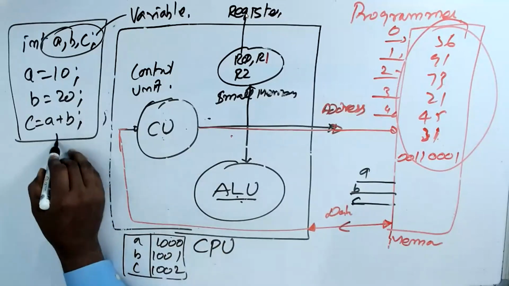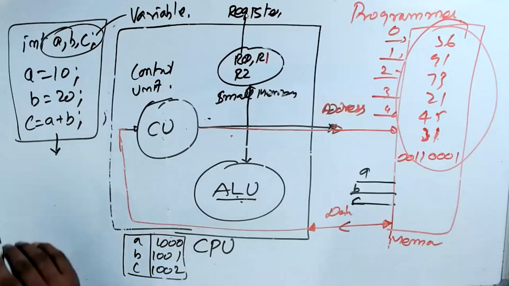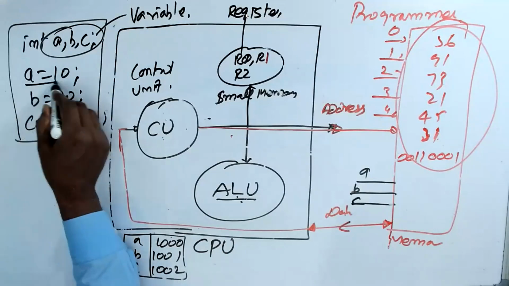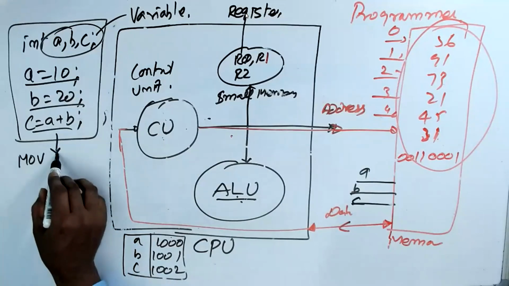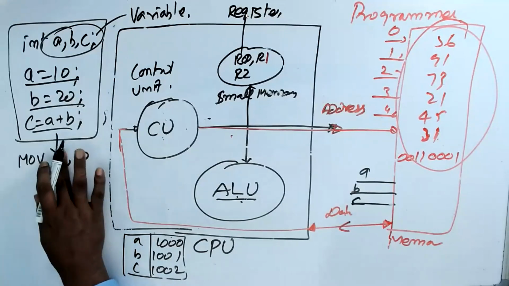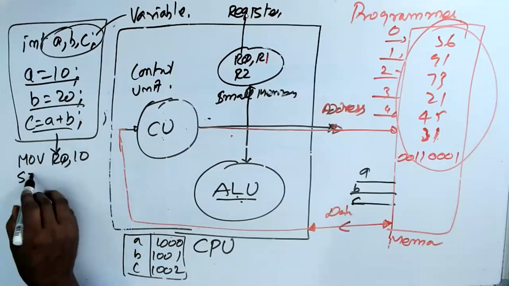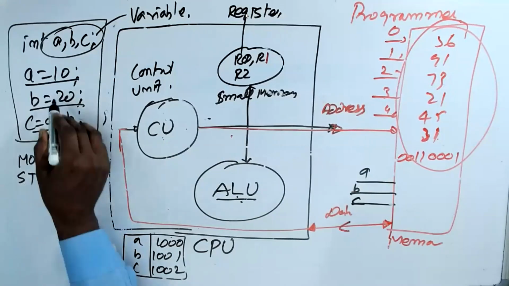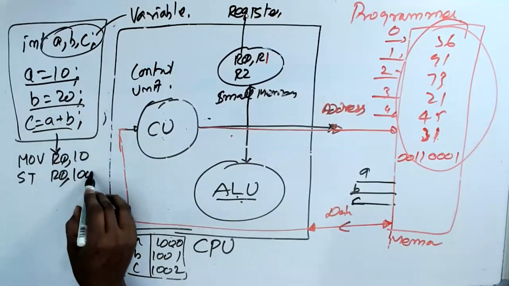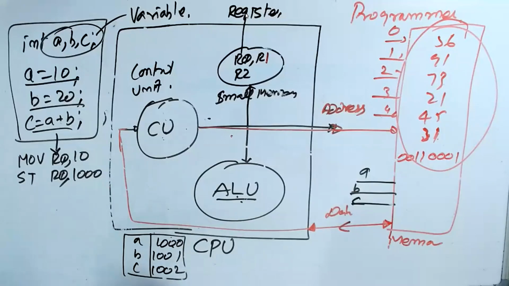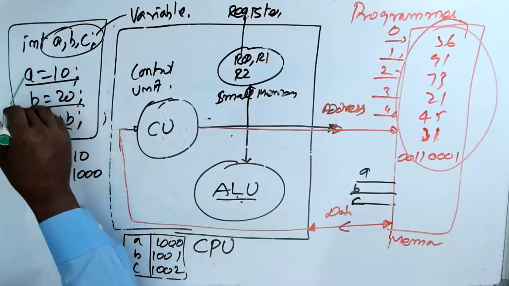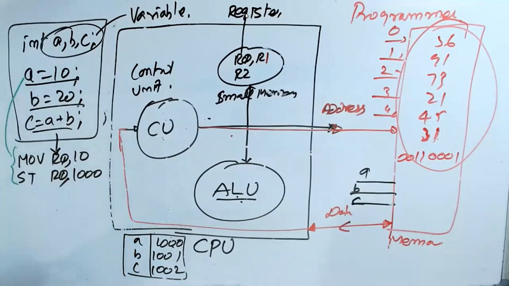Now, when I convert A equal to 10 into assembly language, it is: move R0, 10, then store R0 at A, which means 1000. See that this one line gets converted to two lines in assembly. Understand?